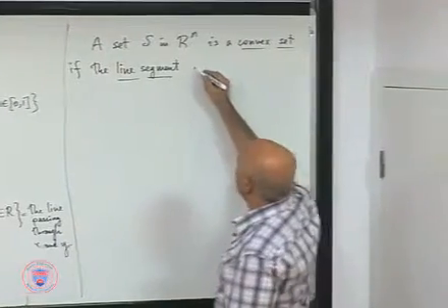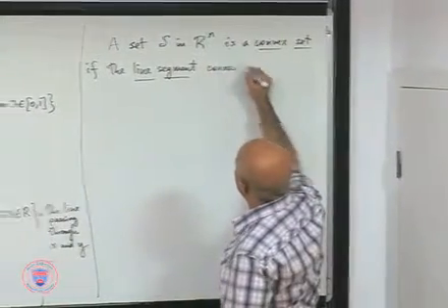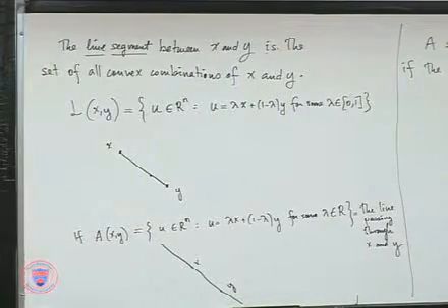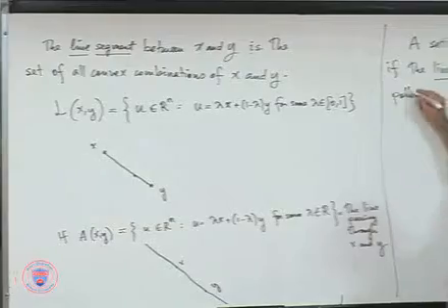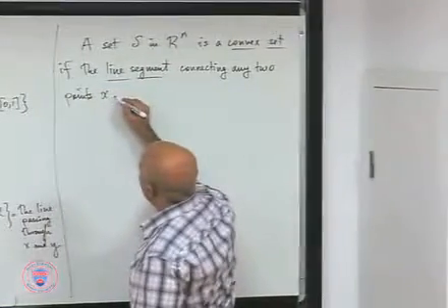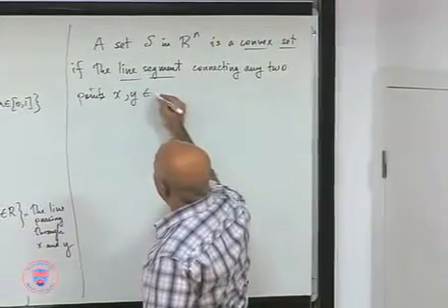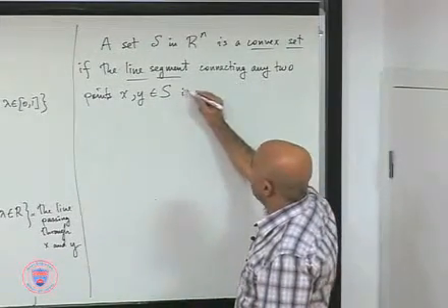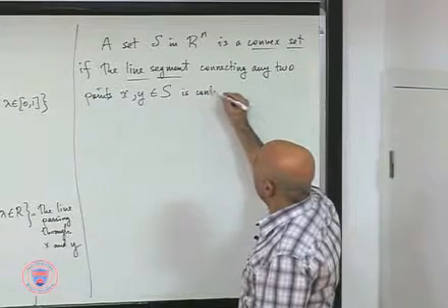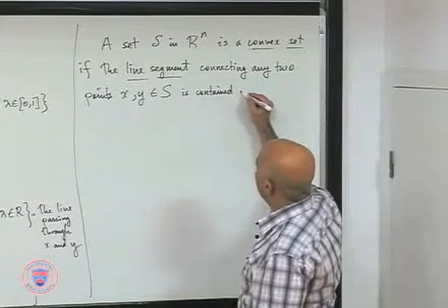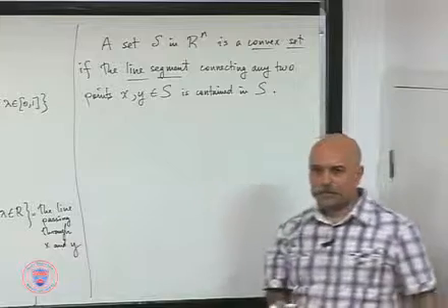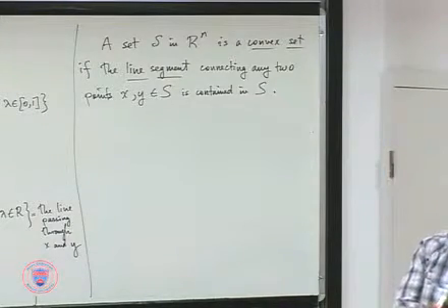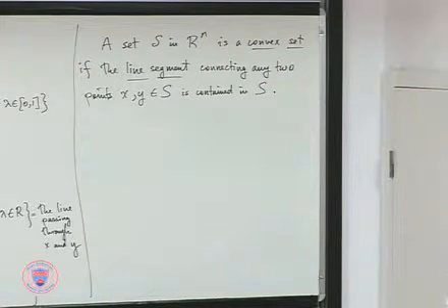If the line segment connecting any two points x and y of the set S is contained in S. By the way, the points x and y could be identical. x equals y is certainly permitted, okay?